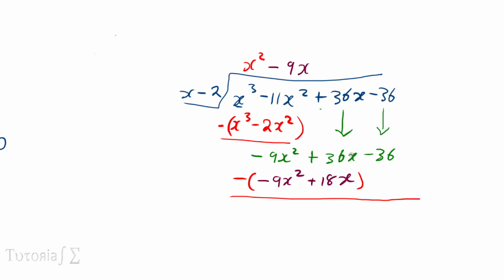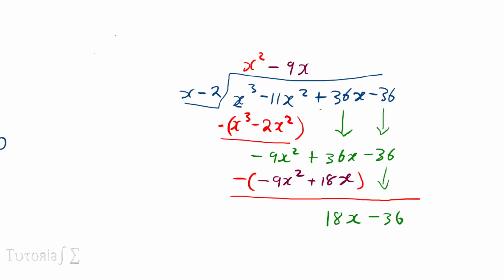Then 36x minus 18x, that one will be 18x. Are you sure? Yes. So we bring down the negative 36.